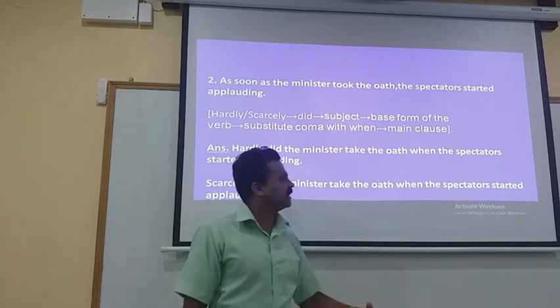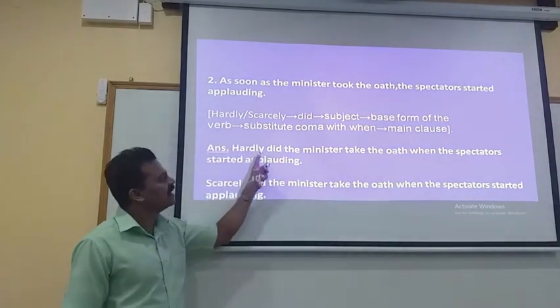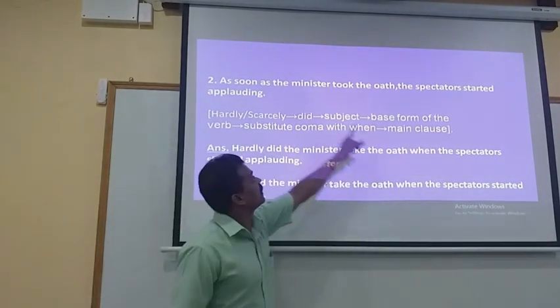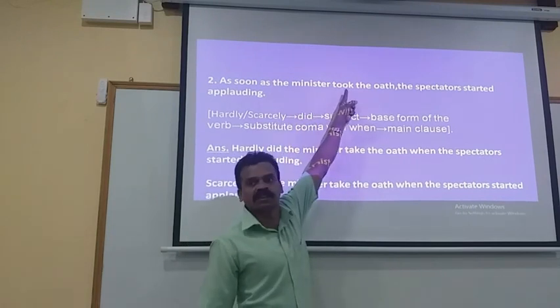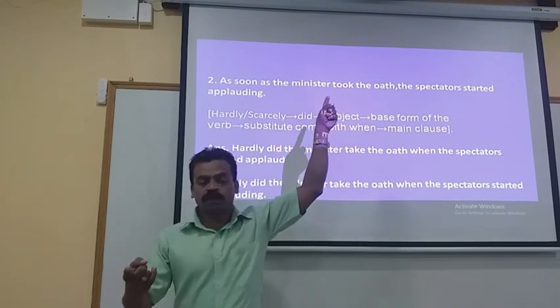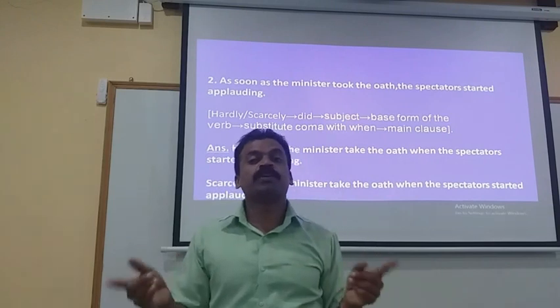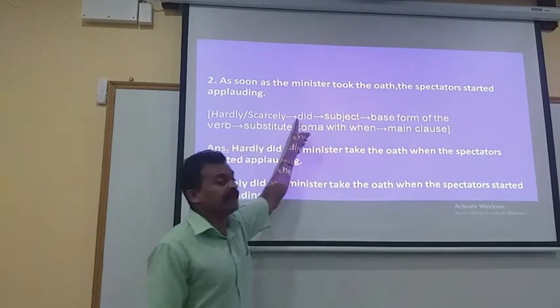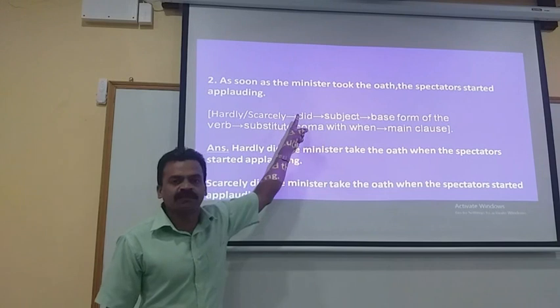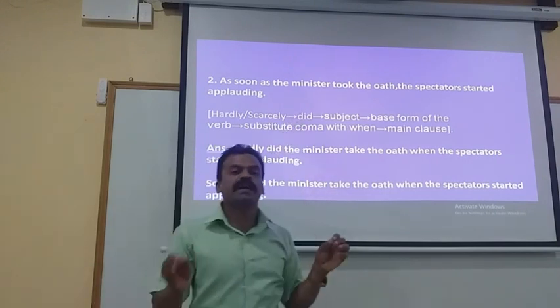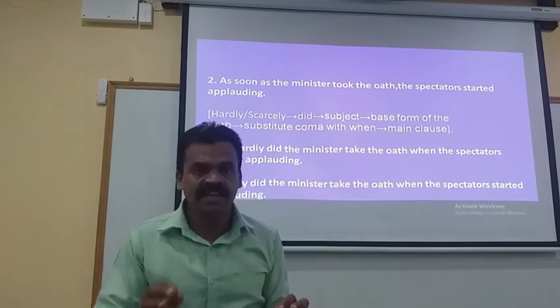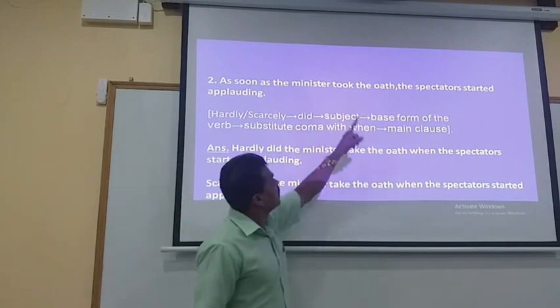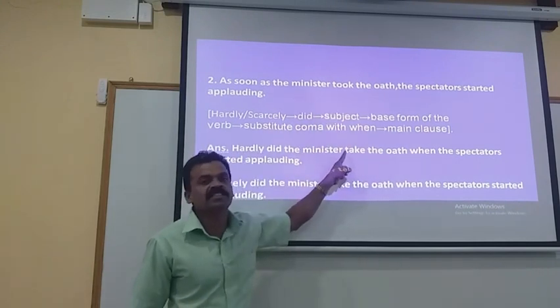So let us see the answer now. Hardly did the minister take the oath. Here it was the minister took the oath. That was the second form of the verb. We converted the second form of the verb into the base form as we have already made use of did, which is the second form of do. So when you made use of the second form, that is did, the next verb, took, is changed into take in its base form.